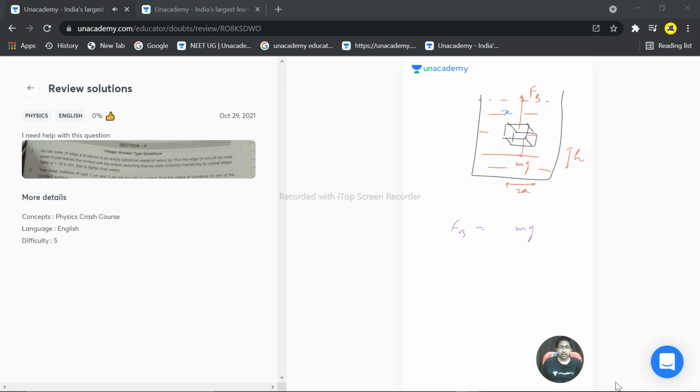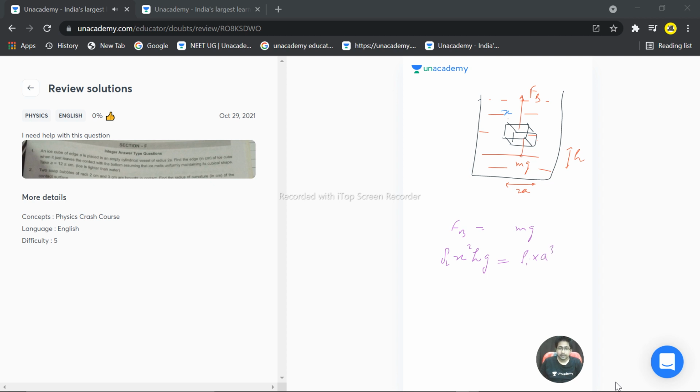So we can write rho of liquid multiplied by x square h and multiplied by g is equal to rho of ice multiplied by x cube into g.